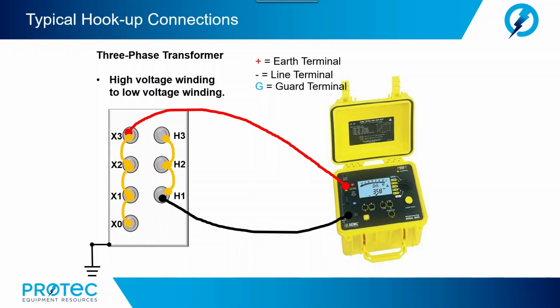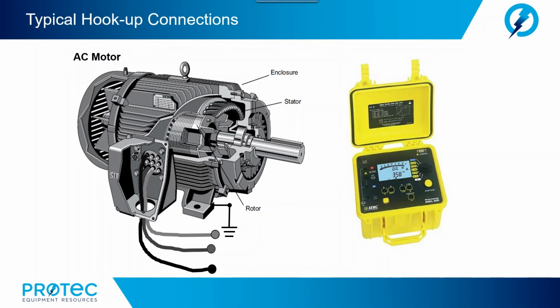All right, let's move on now from transformers and let's take a look at AC motors. Now, it is recommended when feasible that each phase be isolated and tested separately. Separate testing allows a comparison to be made between phases. When one phase is tested, the other two phases should be grounded to the same ground as the stator core or rotor body.